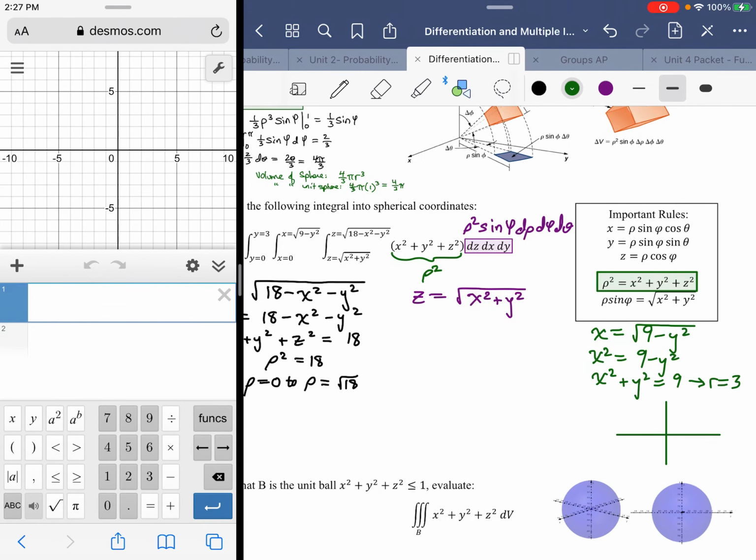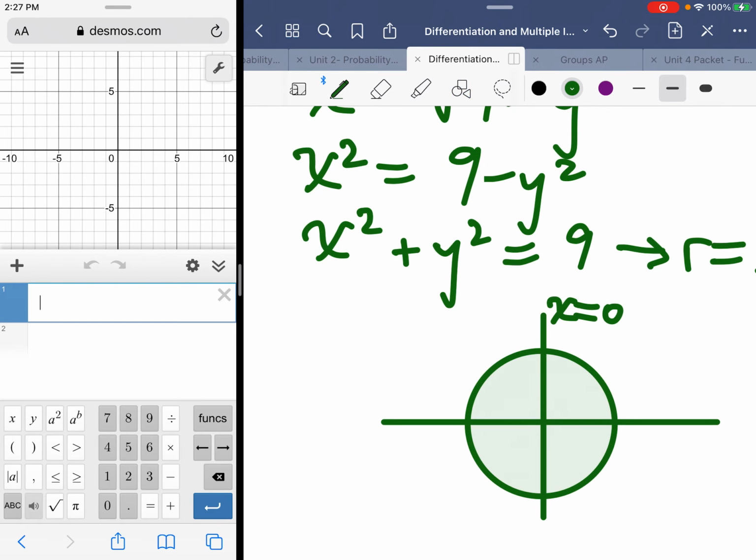So if it's saying that I'm bounded between the y-axis, because that's x equals 0, let me just make a note of that. X equals 0. And let me draw a circle. Bring it in.